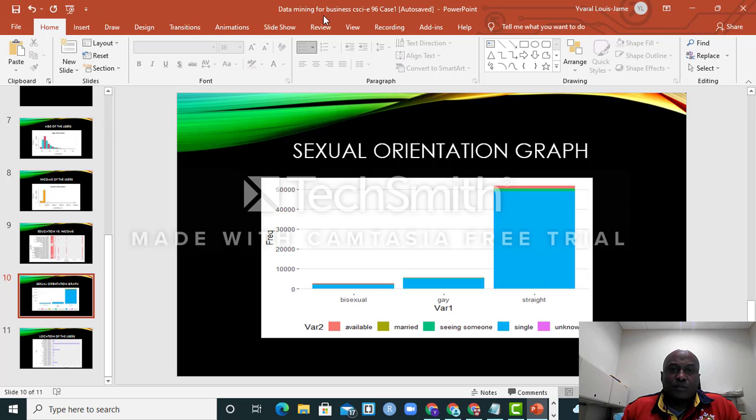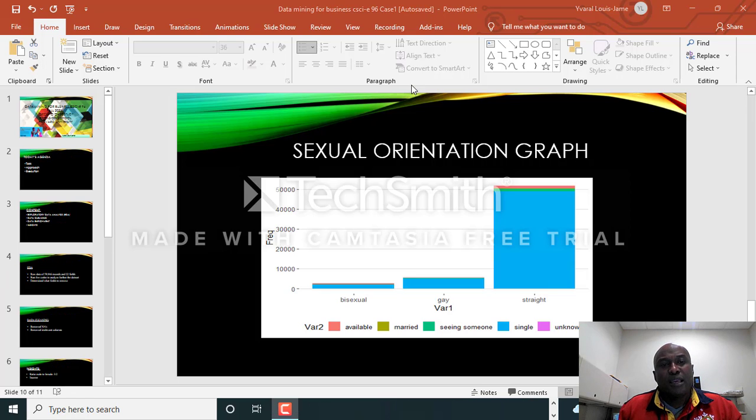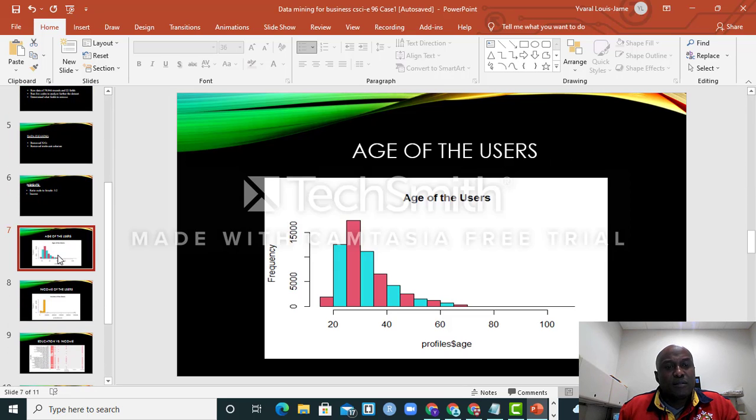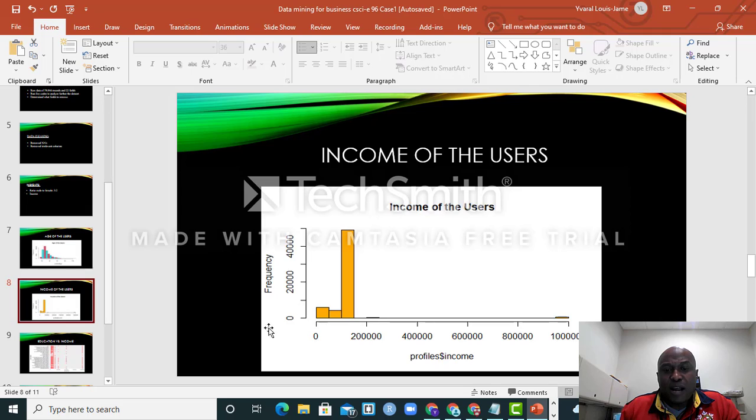So, if I may recap, as I mentioned, it's a relatively young group of people, in their 30s, and income-wise, the mean of their income is a little bit over $100,000 a year.